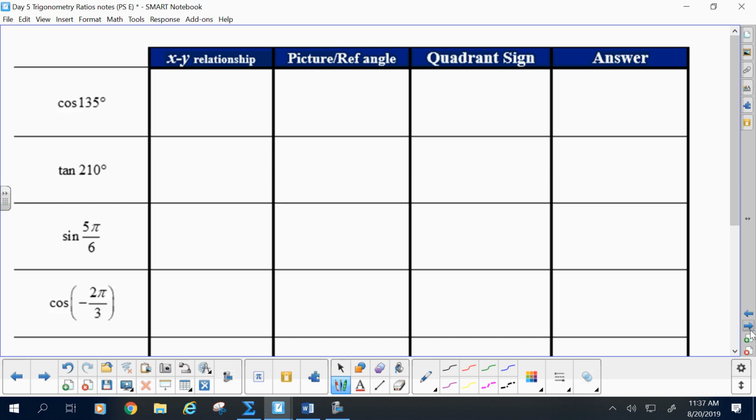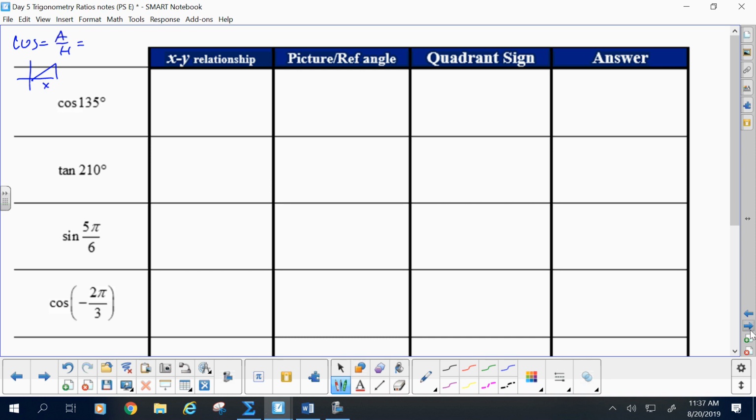Cosine of 135 degrees. So, for cosine, what is cosine again? SOHCAHTOA. So CAH is adjacent to hypotenuse, yeah? And the adjacent side in any triangle is the x side.